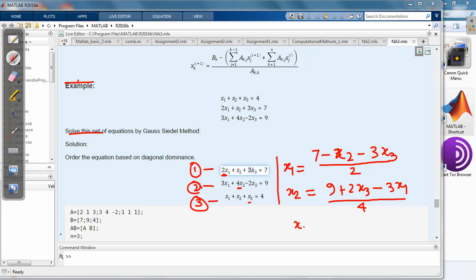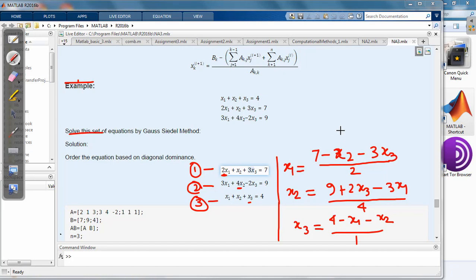Similarly, you can find x3, which is 4 minus x1 minus x2, divided by 1. So this is what x1, x2, x3 we can write in terms of the other variables. We have used equation 1 to find x1, equation 2 to find x2, and equation 3 to find x3.